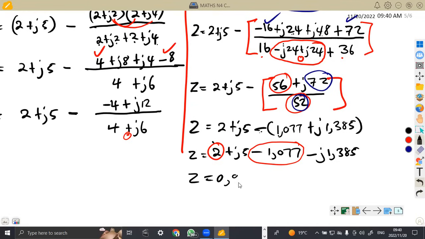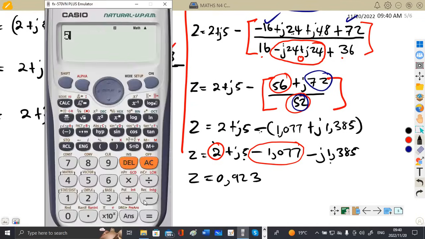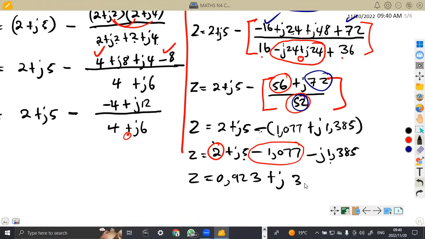Then 5 minus 1.385, which was going to give us 3.615, but there's a J, 3.615J. So that was the final answer.